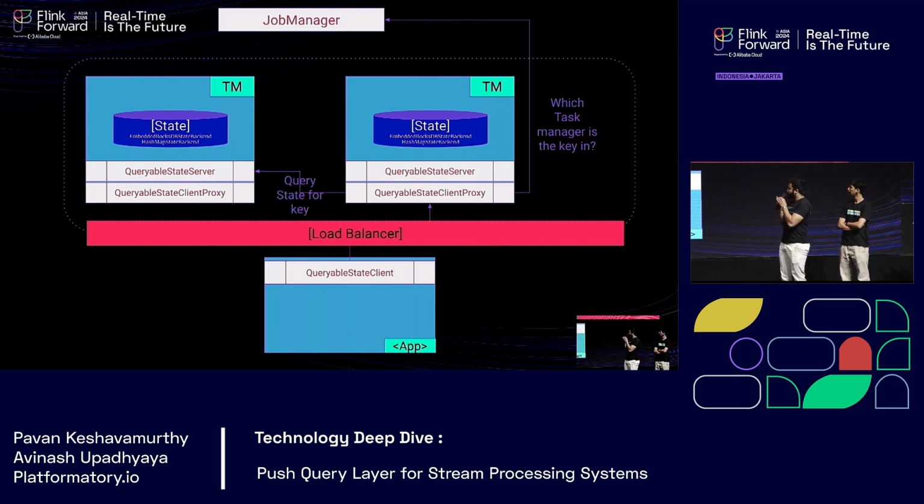One of them is the queryable state client, which is the client that you use to query the state. That is, if you're looking for the state for a particular key, you define a queryable state client that will query the task managers. As you all know, every Flink cluster has a whole bunch of task managers and one or more job managers.